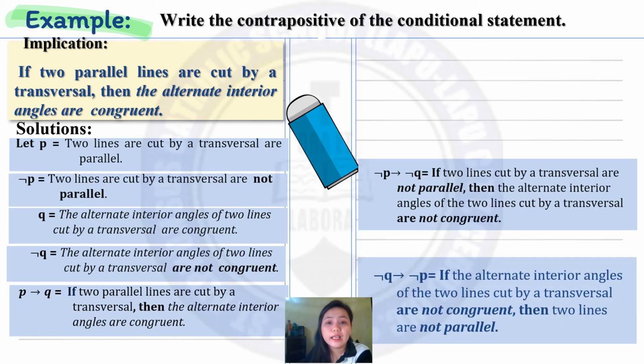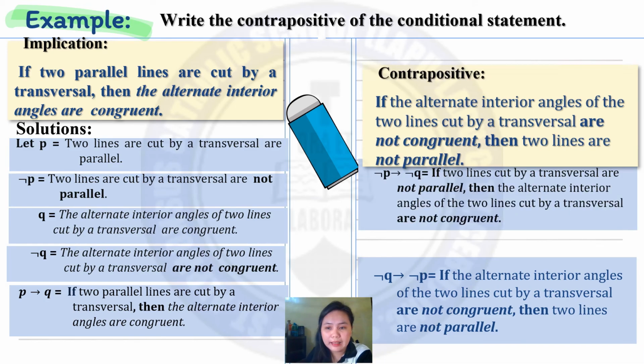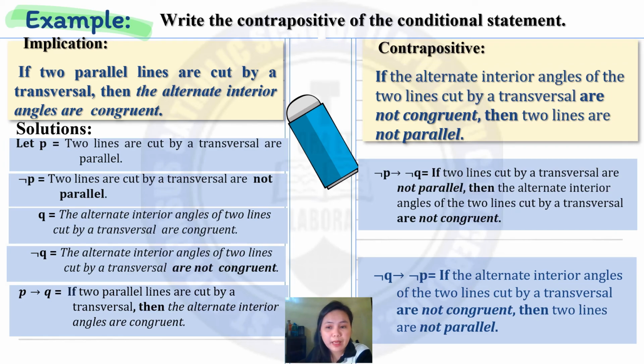So our contrapositive, or if not Q then not P, states: if the alternate interior angles of the two lines cut by a transversal are not congruent, then these two lines are not parallel.